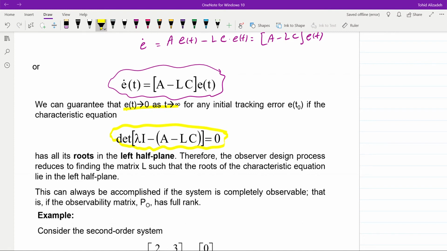And for that we need to find proper values for L, and this will be kind of similar to what we were doing in designing the full state feedback.